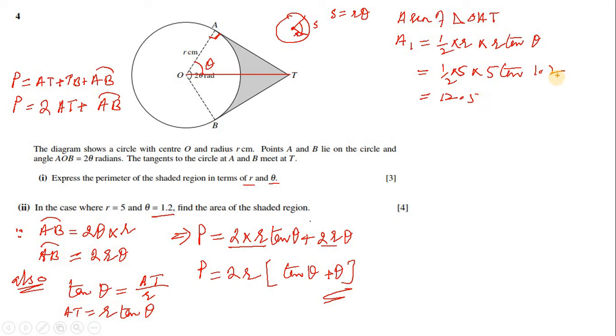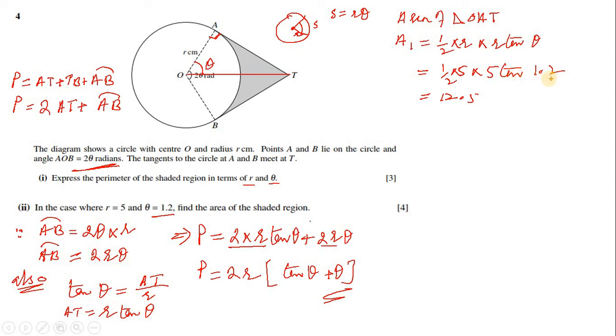One of the most important steps where a student can make a mistake here is, remember your calculator will be in degree mode before this question, because most of the time we keep our calculator in degrees, but in this particular question the angle is given in radians. So when you need to find tangent 1.2, make sure that you either convert 1.2 into degrees, or change your calculator mode from degree to radian, and then calculate tangent 1.2.